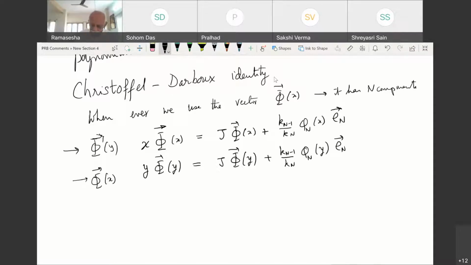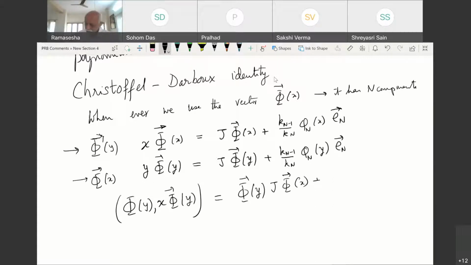When I take the inner product, I get p of y comma x p of y is equal to p of y J p of x plus k_{n-1} upon k_n p_n of x p_n of y. So e_n dot e_n will be 1.